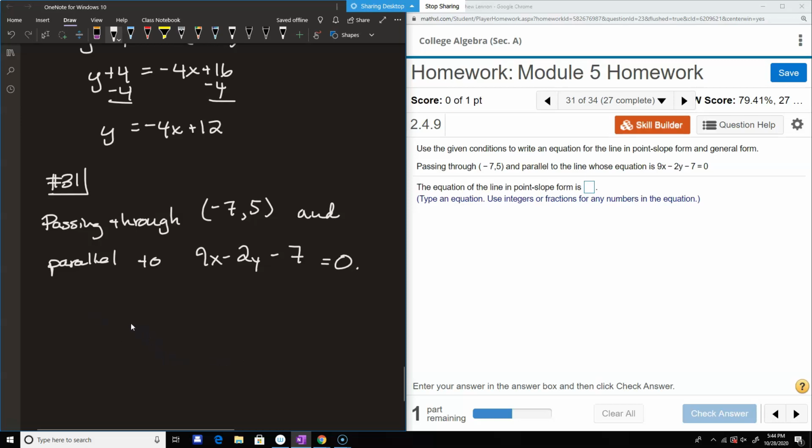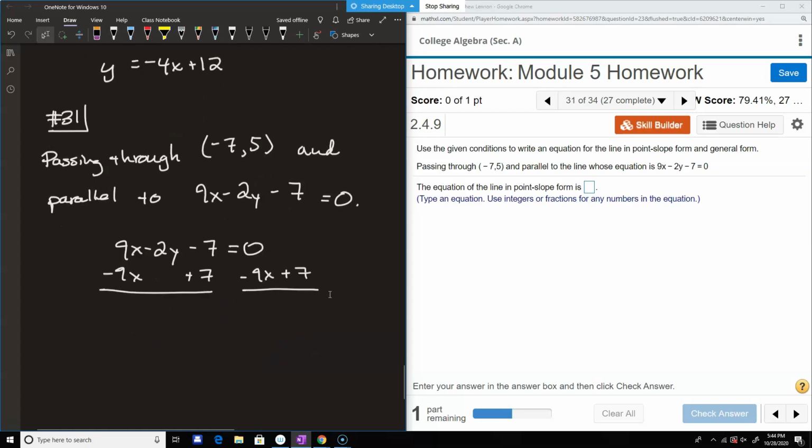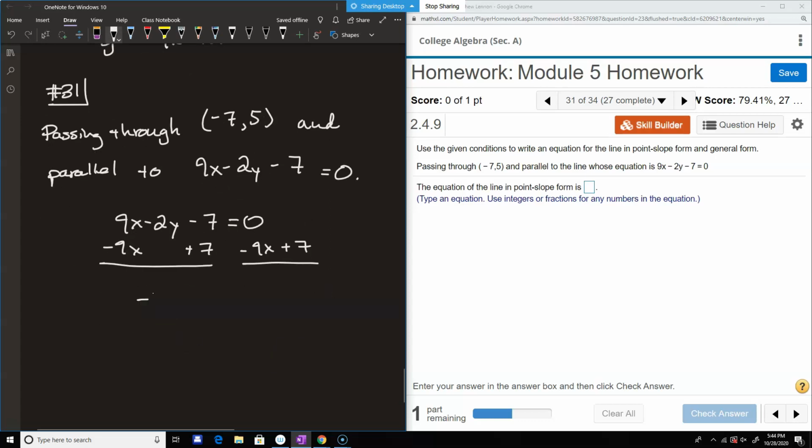So if we have 9x minus 2y minus 7 equals 0, again that's 2 steps. We subtract 9x and add 7 to get the y part by itself. So we have -2y equals -9x plus 7, and then we need to divide by -2.